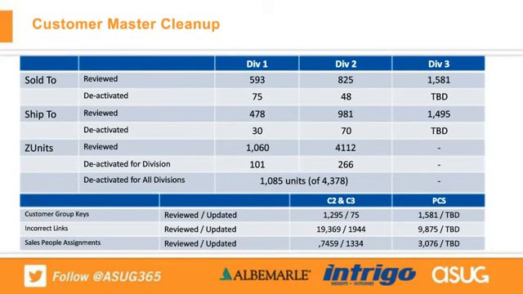Over the course of the project, these are the statistics. We've deactivated customers that have been living in our system, but they were no longer our customer products. And so we've updated thousands of entries because we decided at the beginning we didn't want any dead wood in our IBP system. We wanted the system to be efficient, and so we only wanted to load good data.